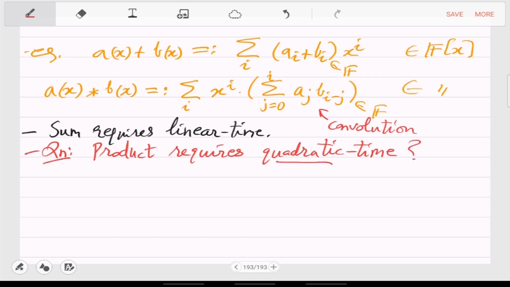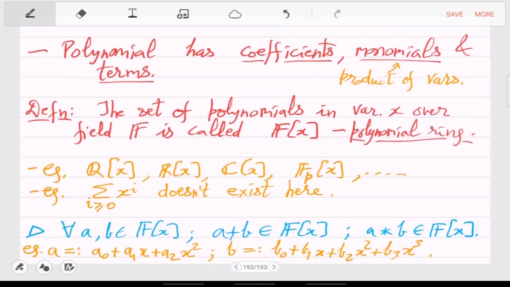So it seems that this is the only definition given, and so it should be quadratic time, because if you have t terms, then there are two for loops, it will take t square time. How can you save on that? But quite counterintuitively, this is not the optimal. So optimal is much faster, because there are much faster algorithms to compute product, which need too much of algebra. So let me spare you the details. Needs several weeks to explain that.